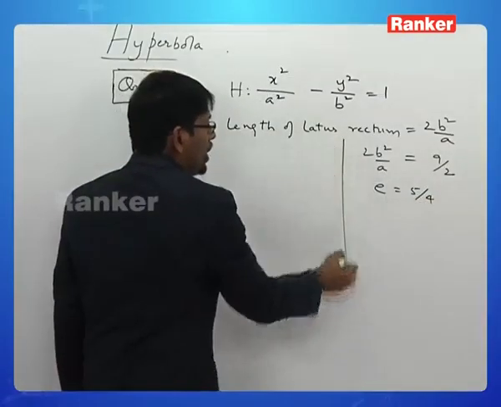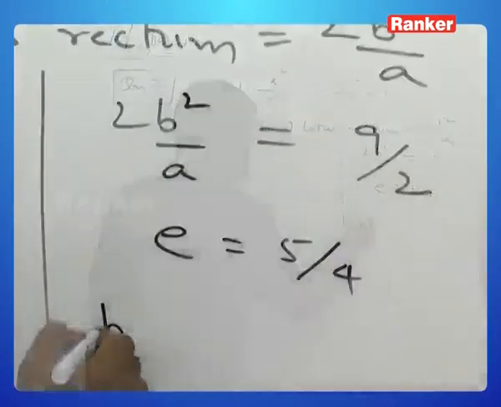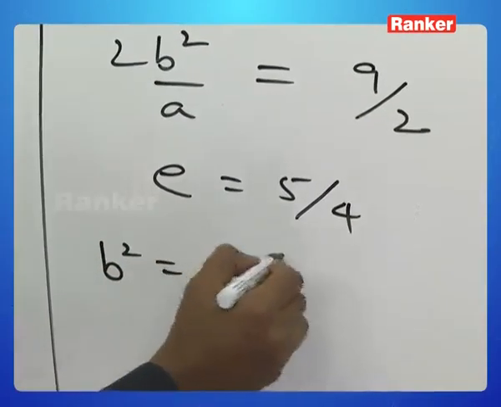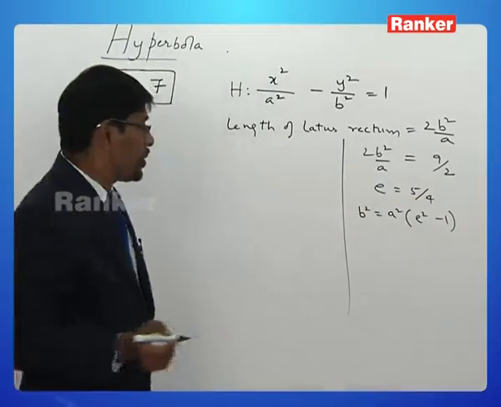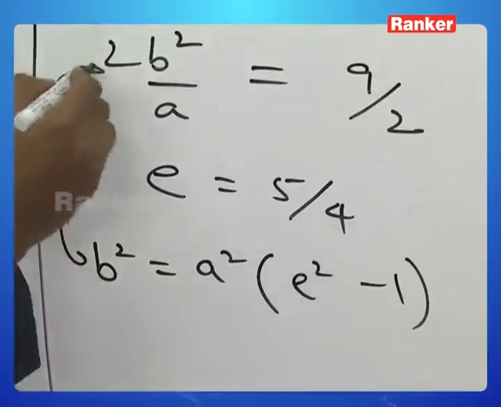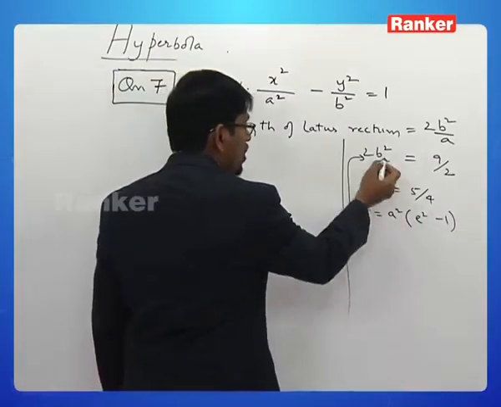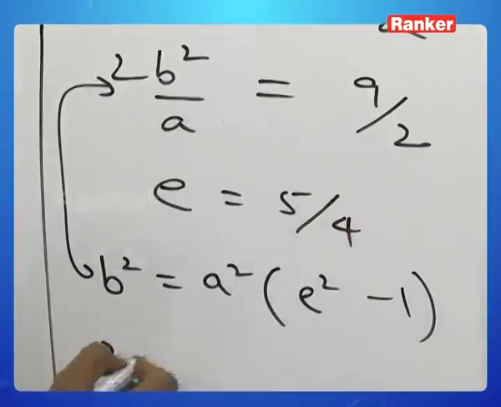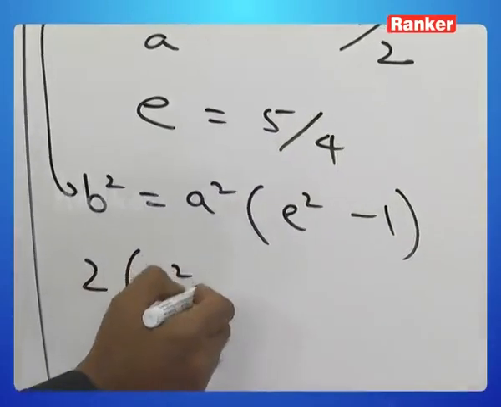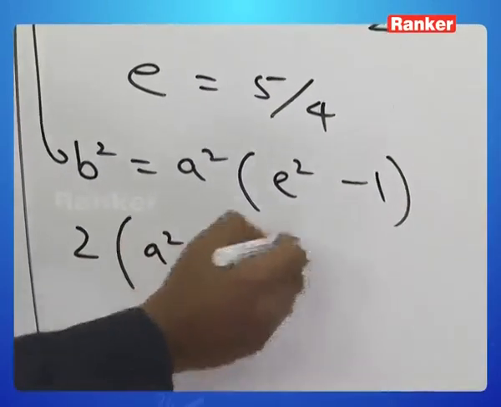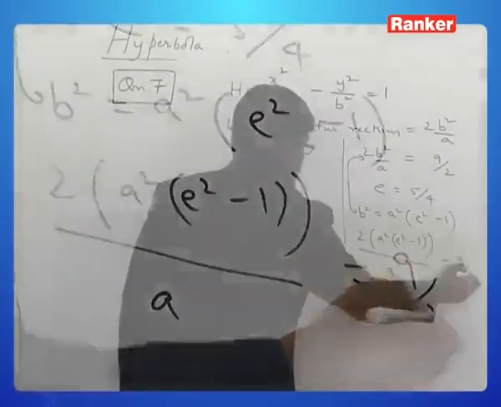What do we know about the relation between b square, a square, e square? We know that b square is equal to a square into e square minus 1. So we will use it here. Instead of b square, we write a square into e square minus 1, by a, is equal to 9 by 2.